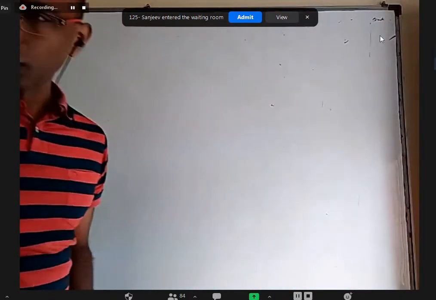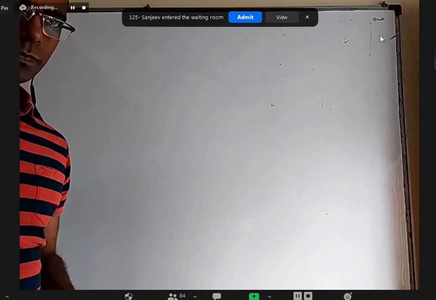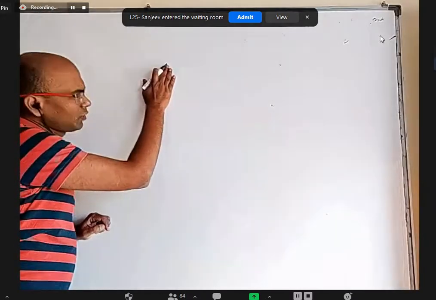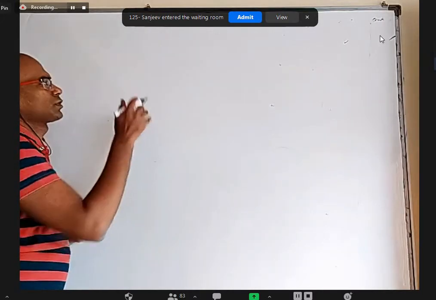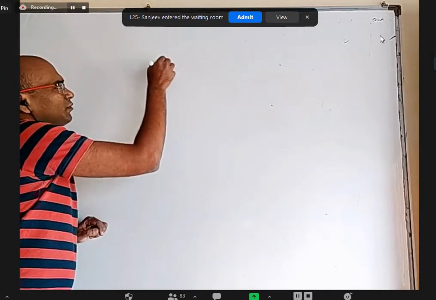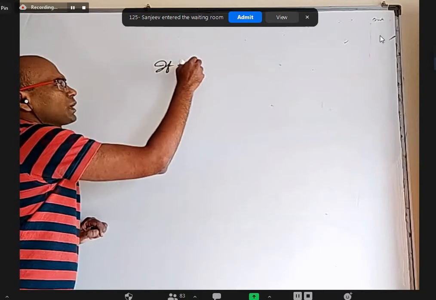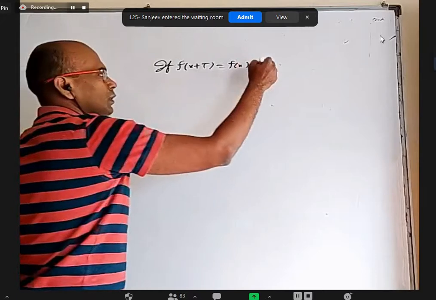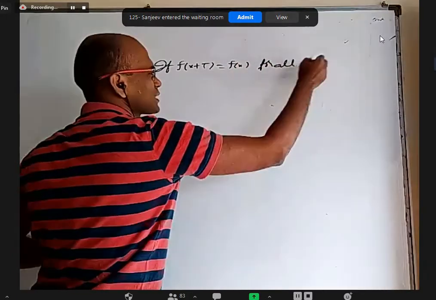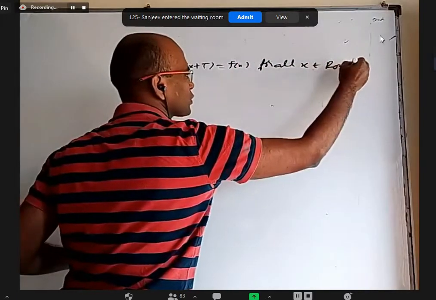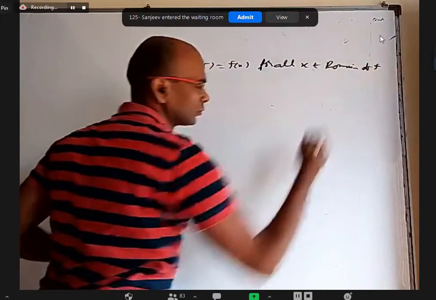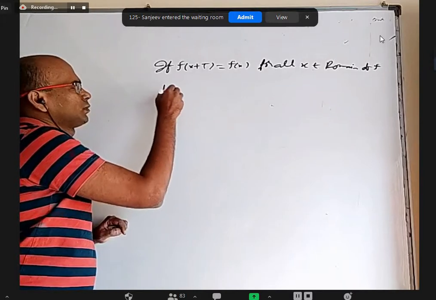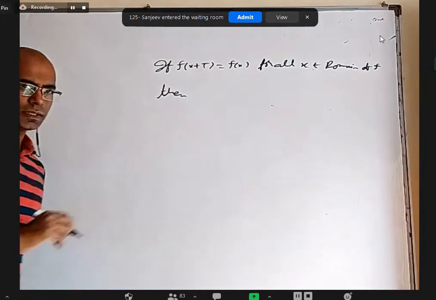Okay. So periodicity, basically whatever we learned in trigonometry, that came from functions only. What is that? If f of x plus t is equal to f of x for all x belonging to the domain of the function, then there should be a positive number t like that.